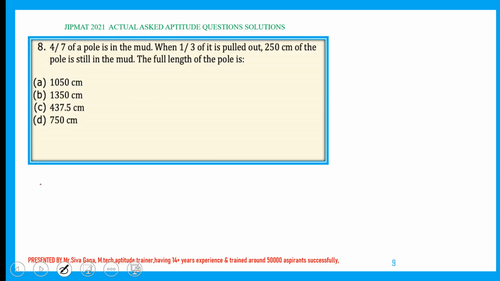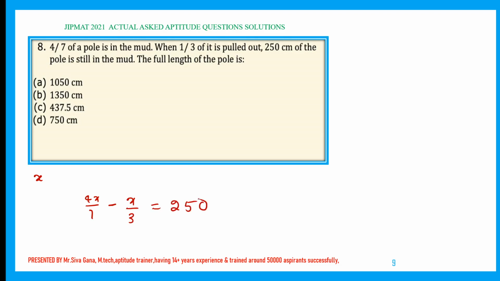4 by 7th of the pole is in the mud. When 1/3 of the pole is pulled out, 250 centimeters of the pole is still in the mud. Let us say full length of the pole is x. 4x by 7 is in the mud. And how much is removed? 1/3. 1/3 is removed, which means x by 3 is removed. This still how much is there? 250.